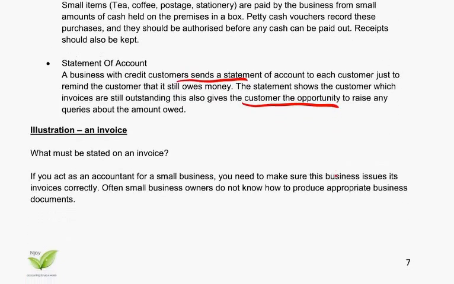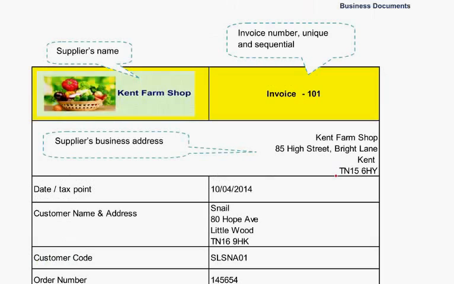Now we've put together a little invoice here, and this shows the sorts of things that you need to include on an invoice, and you need to know this. So potentially in your exam you could be asked to say which numbers are missing or which items are missing from the invoice. So very important. Supplier's name, sequential numbering, very important.